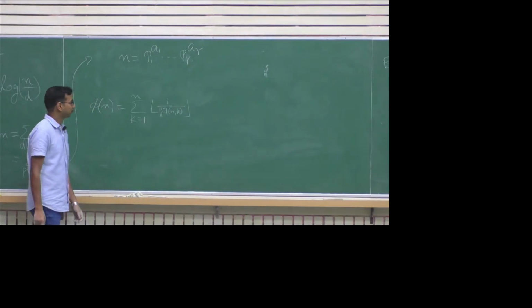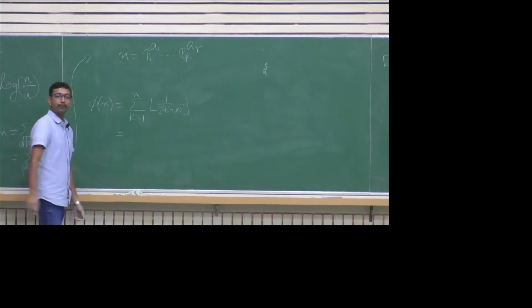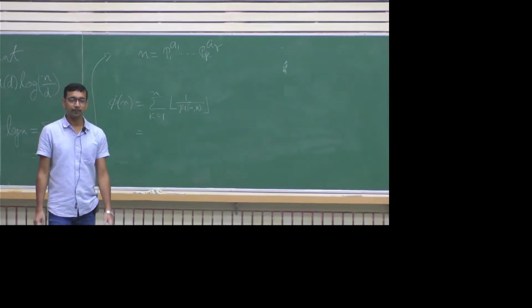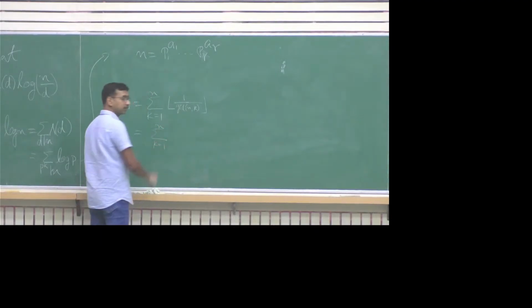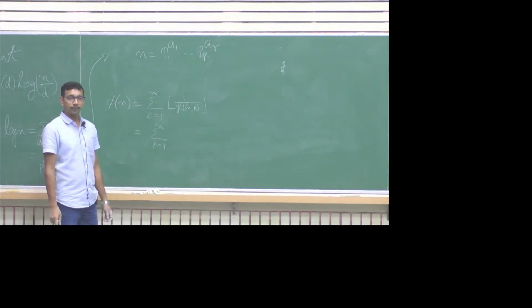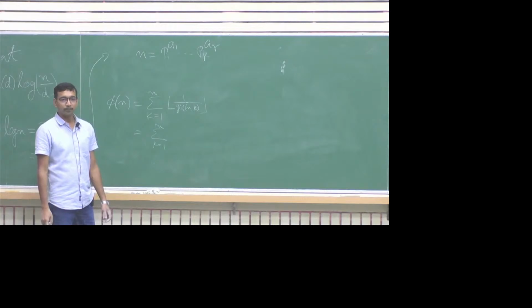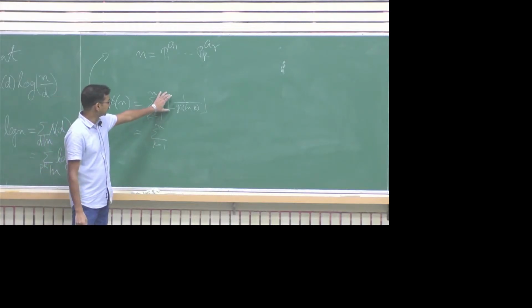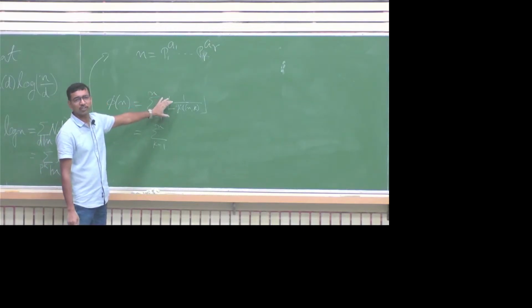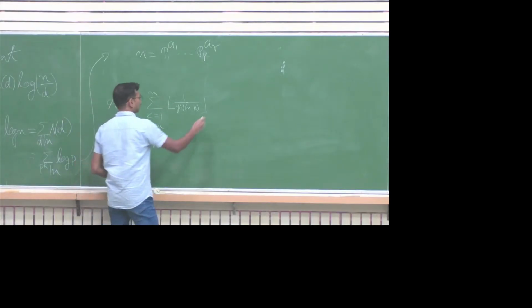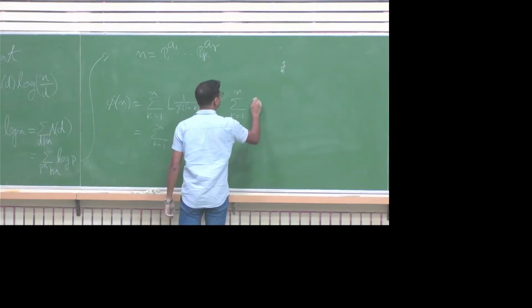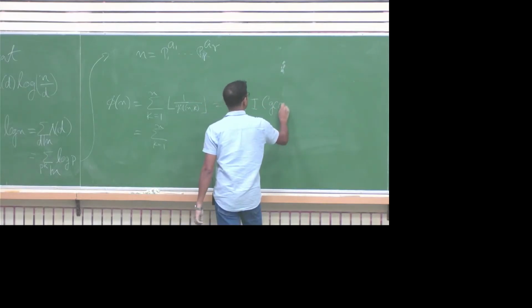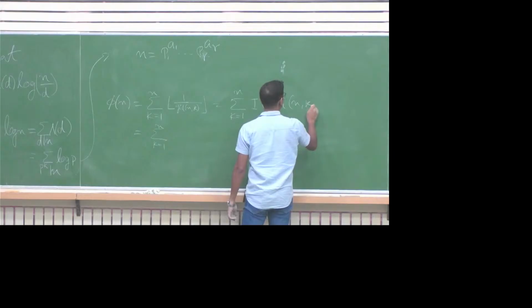Perfect. Then we break the sum, summation k equal to 1 to n. And we know that the summation of d dividing n of mu d equals this function, which is just the identity function. So here we have the greatest integer of 1 by GCD of n comma k.